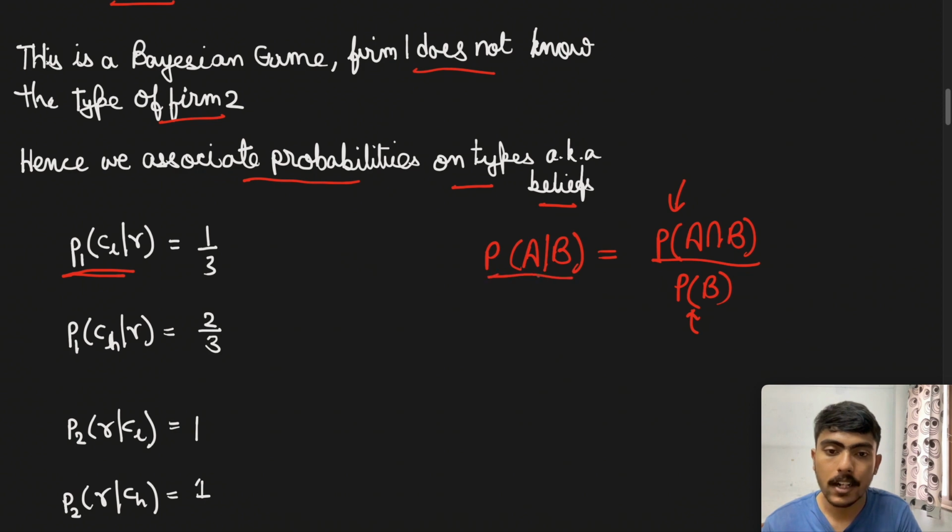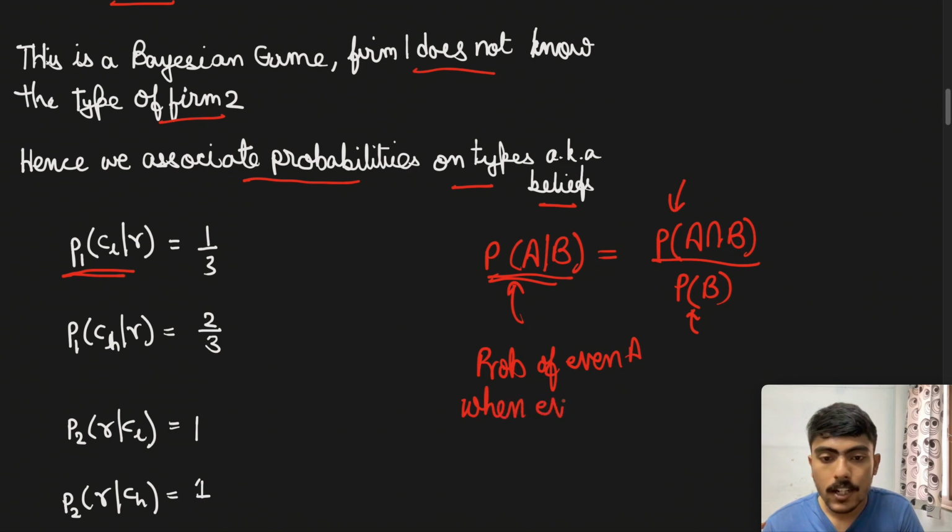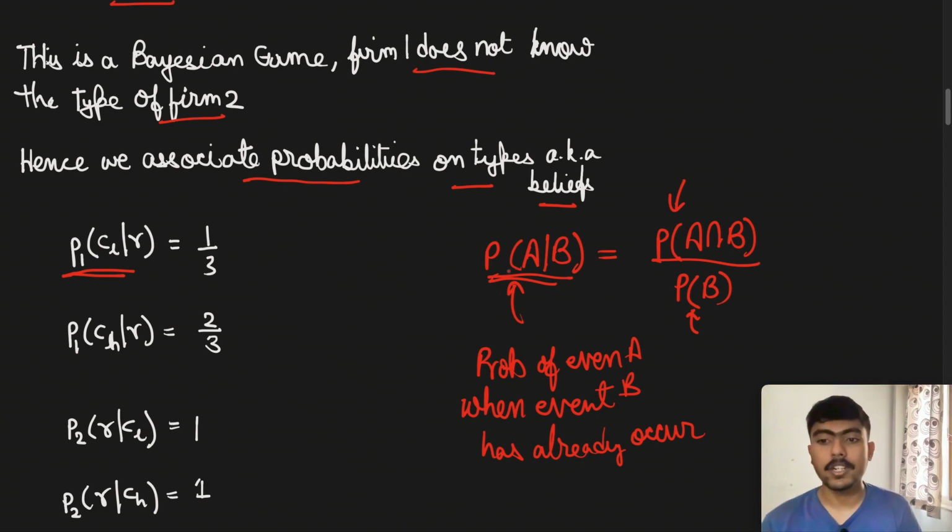Then we find this entity, which is the probability of event A when event B has already occurred. I want you to understand this clearly, because once you understand this, determining the beliefs is quite easy.